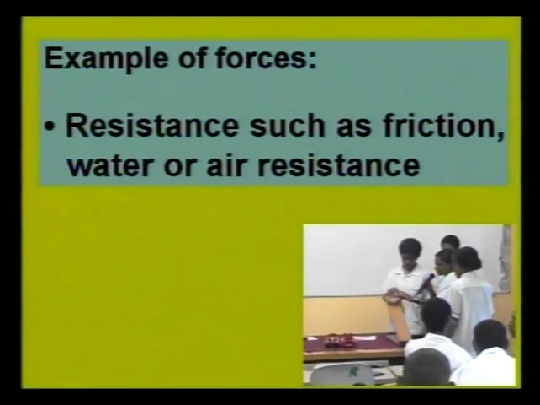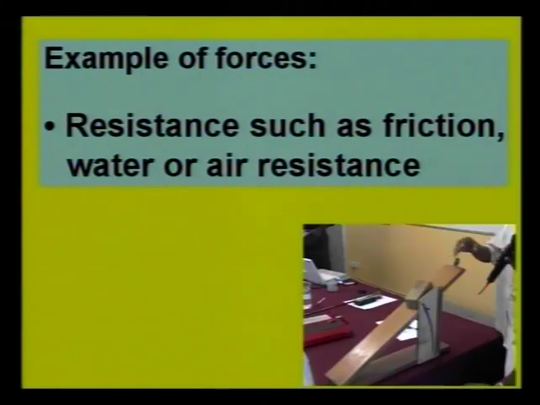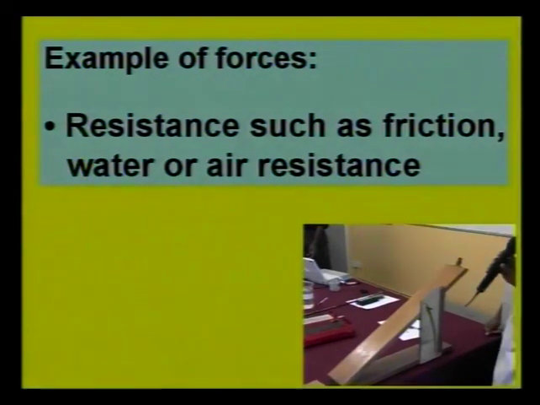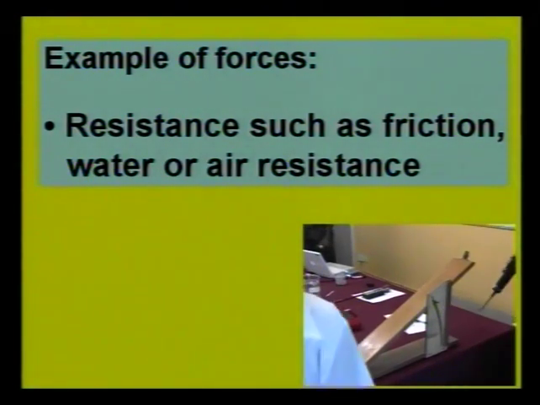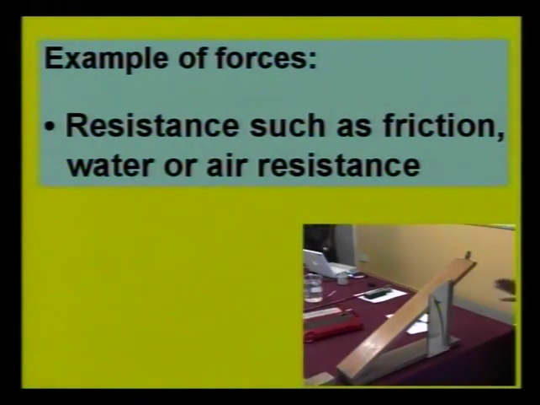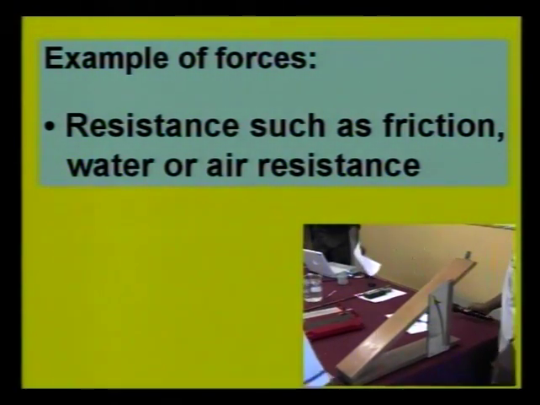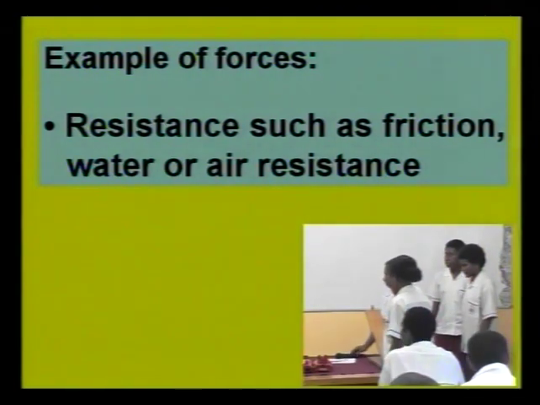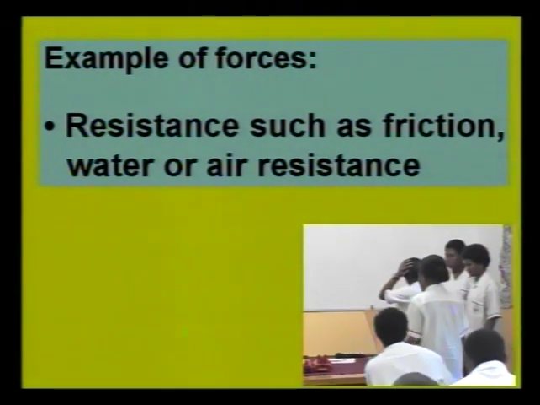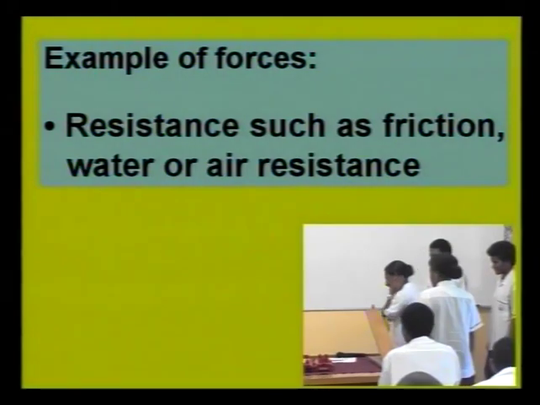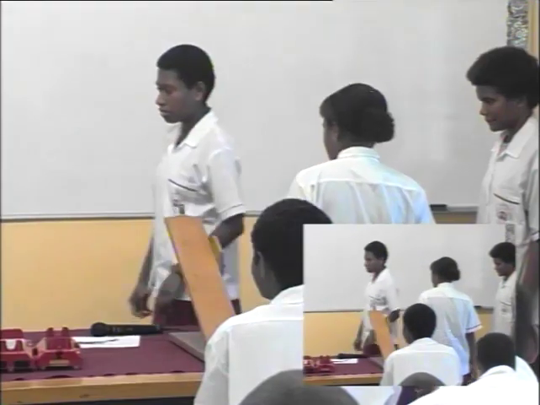As the object is going down, it shows the resistance of the air forcing it back up. So it shows the resistance of air forcing the weight back up, so it's a contact force. Okay, try that.